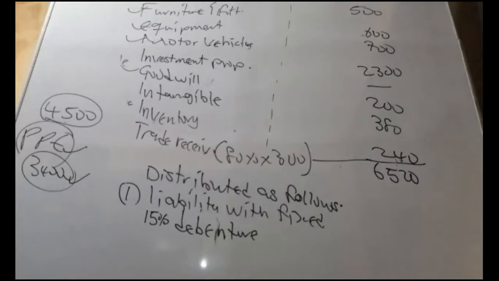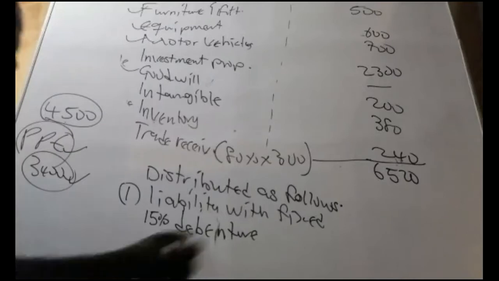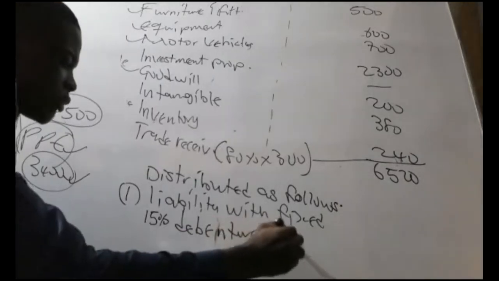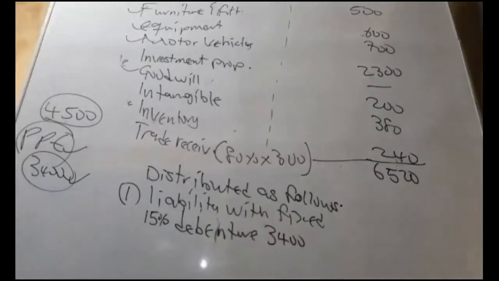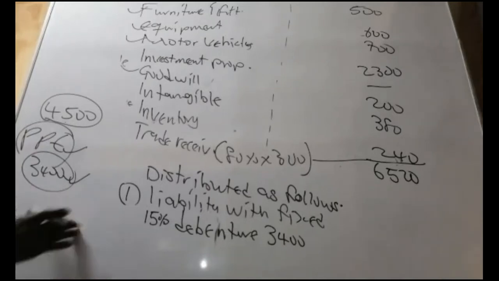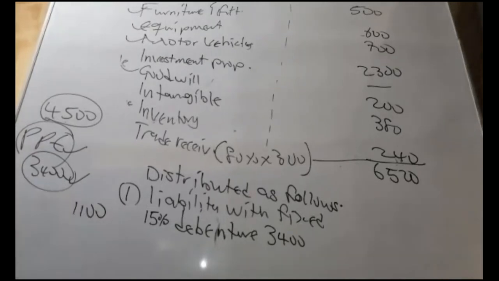And what do you do? You write 3,400 million here. Good. So that's the amount you can pay them. What about the remaining balance? Left with what? 1,100. That 1,100, tell them that for now we can pay them this.